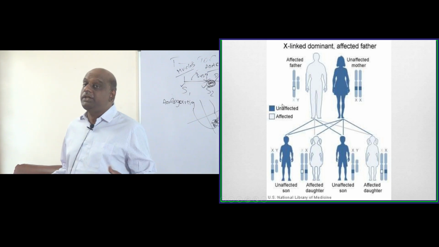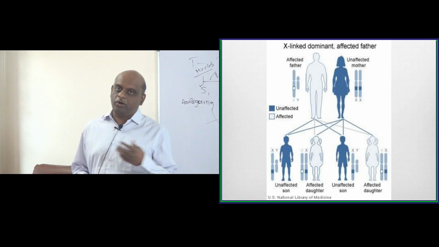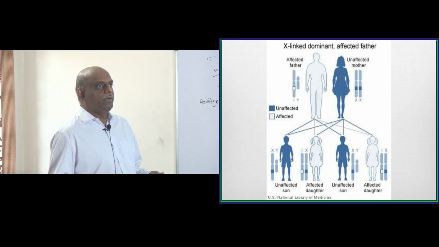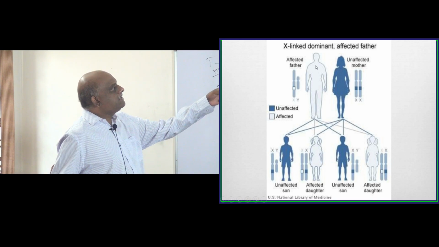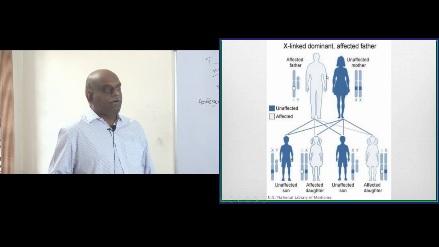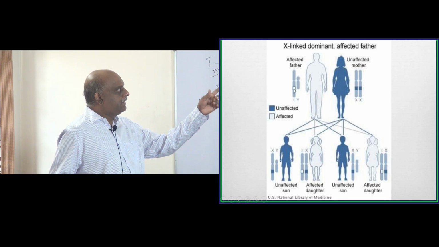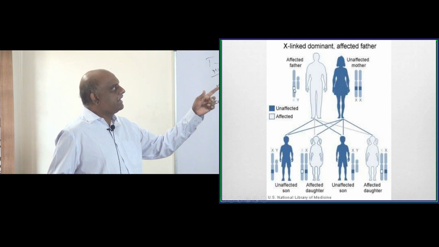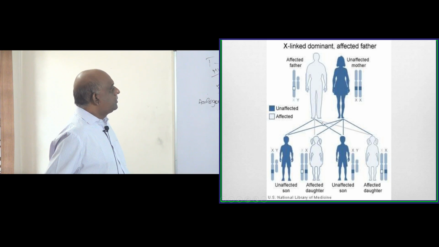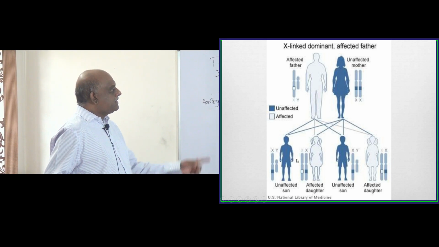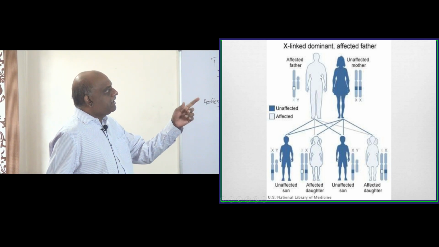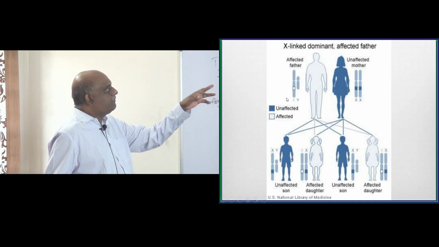So, another common question asked on X-linked dominant is, tomorrow the examiner is going to give you a pedigree. Let us say father is affected. Father has one abnormal X, mother is not affected. So, what happens when a son is born? For the son's birth, father contributes only the Y chromosome, not his abnormal X chromosome.